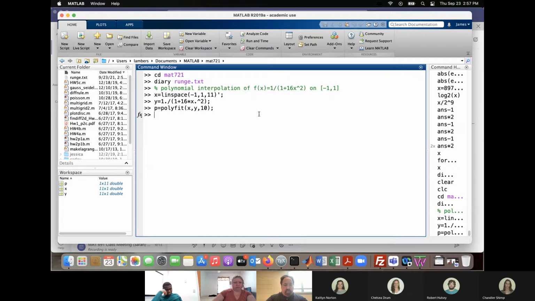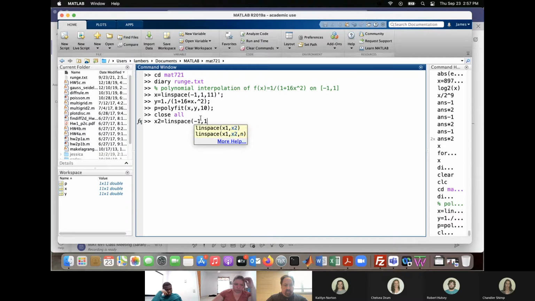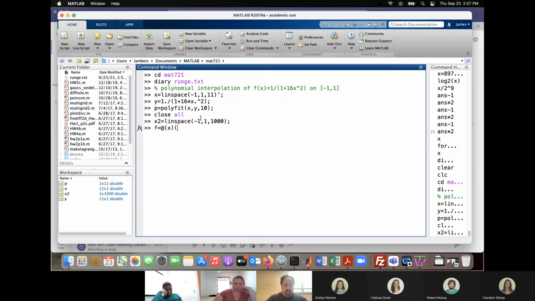Then I want to plot the polynomial and the function on the same graph. Make sure I don't have any figure windows open. Next, I need to find a vector of more points. I'll use like 1,000. Now I'm going to define a function handle for my function, just for convenience.